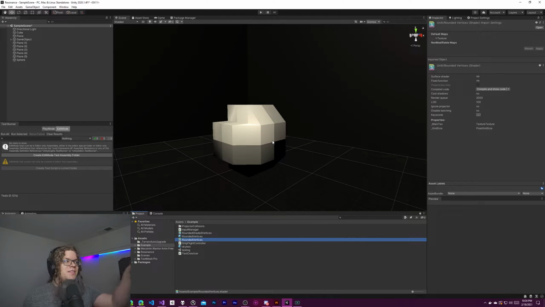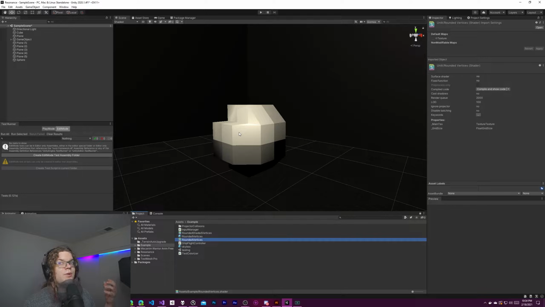So seeing this jarring cutoff is not what we expect. The reason that's happening is because we are just moving these vertices around, but we're not changing all of the data. We're just changing their position in space. We are not changing the direction they're facing.